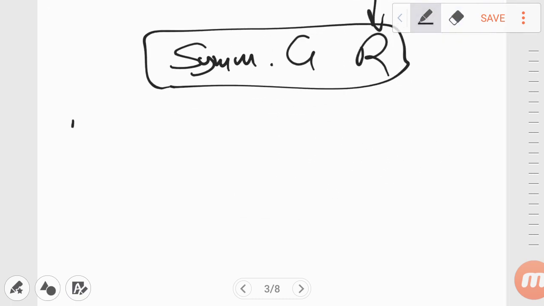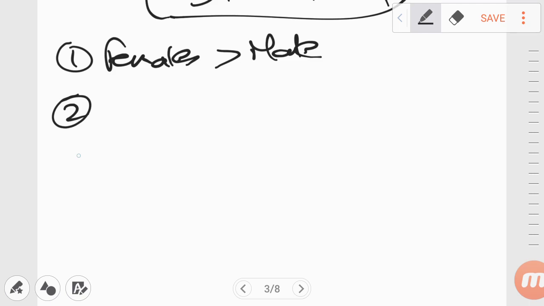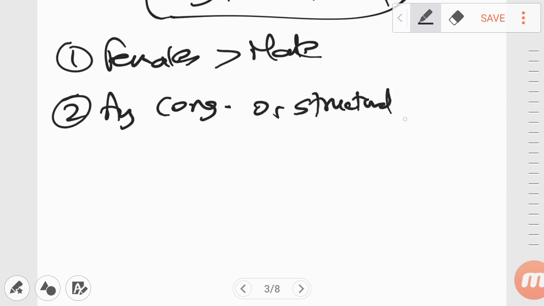The fetal causes, number one, females are affected more than males. Secondly, any congenital or structural pathologies, for example trisomy 13 or 18, can result in fetal causes of IUGR.